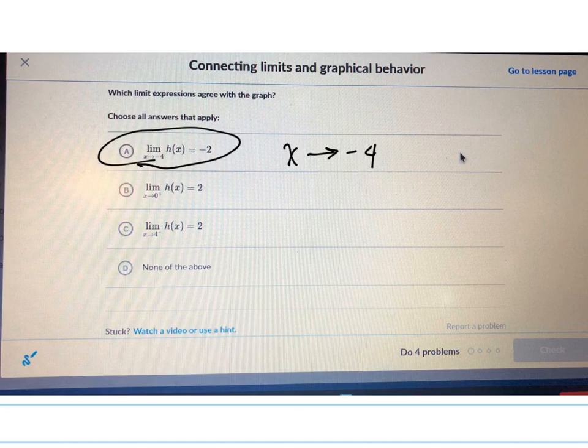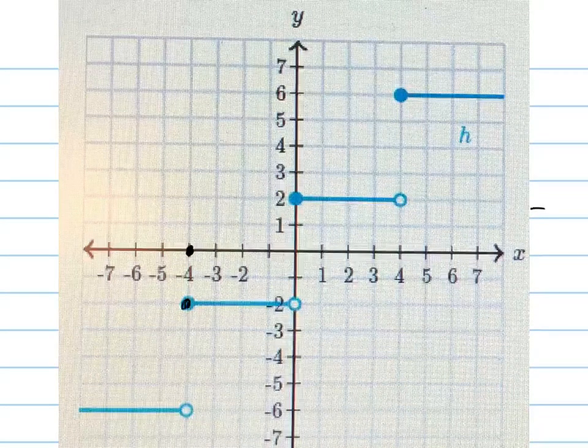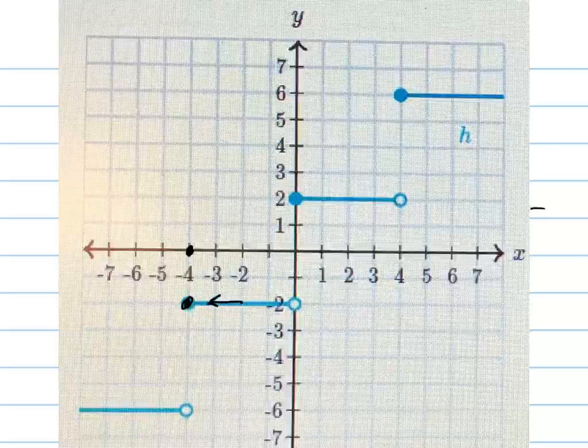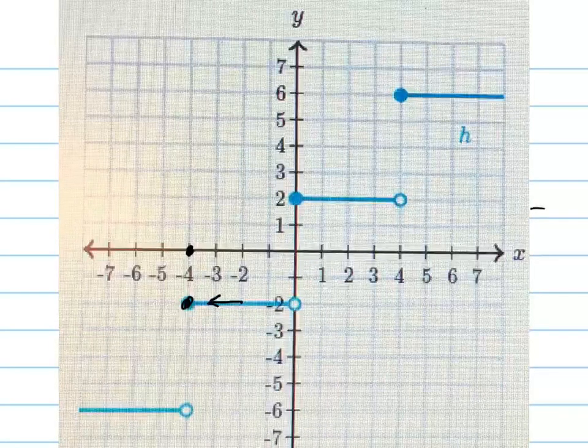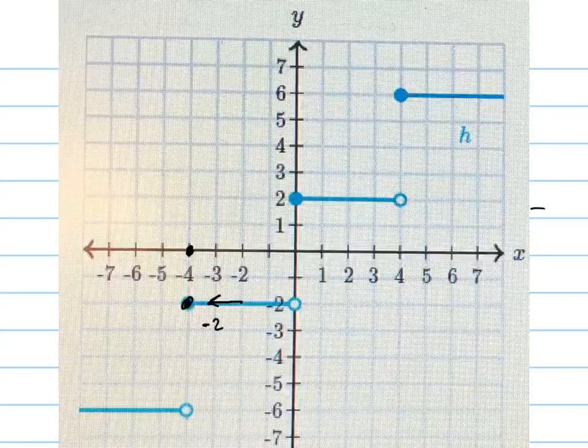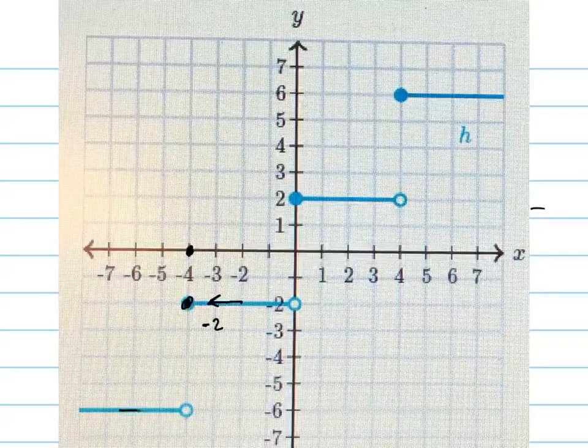So when I look at the graph, the limit from the right would be -2, and the limit from the left would be -6.